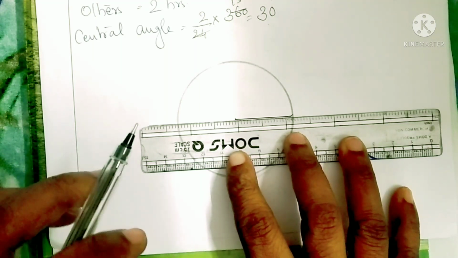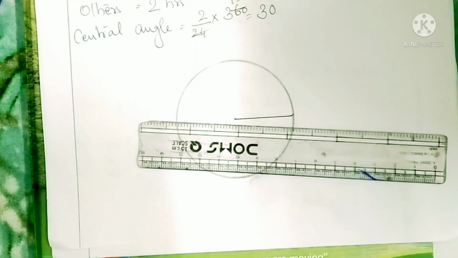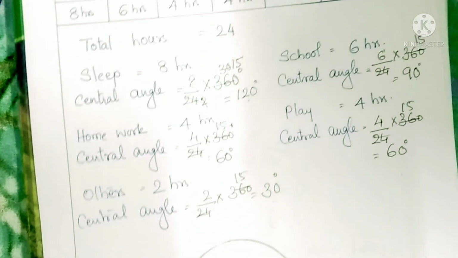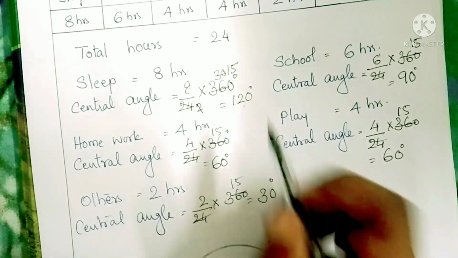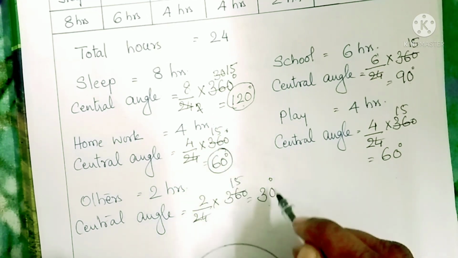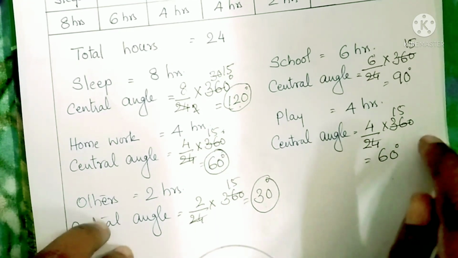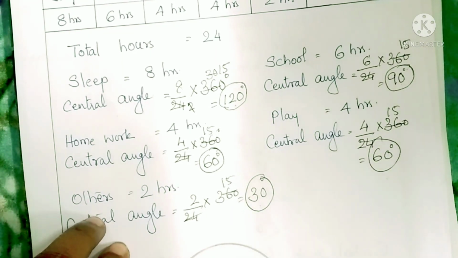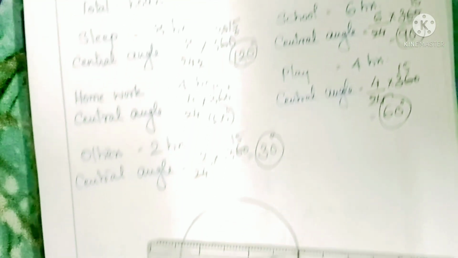Okay, one radius is drawn. Now one by one, the central angles which we have already calculated and kept here. What are the angles? First angle is 120, then 60, again 30, here it is 90, and here it is 60. These angles we have to make in this circle.